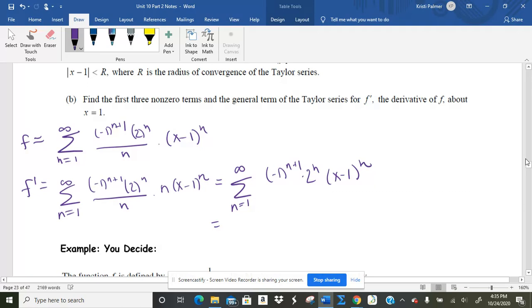So I'm going to go ahead and plug in my 1 to everything. All the ends. And then I'm going to go to 2. And then I'm going to go to 3. Oops, sorry, I forgot to subtract 1 there. Sorry. And keep going and get the first 3 non-zero terms.